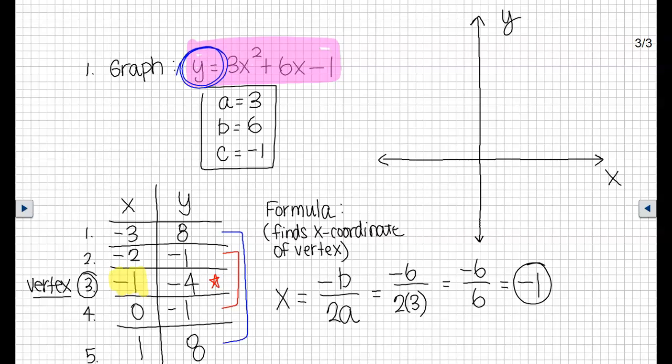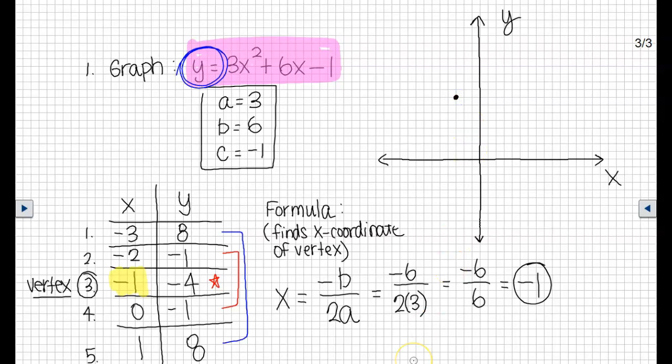So x-axis, y-axis, and now let's start to plot these points. So our first point is -3, 8. So on the x-axis, we'll go to the left 1, 2, 3. On the y-axis, we'll go up 1, 2, 3, 4, 5, 6, 7, 8.